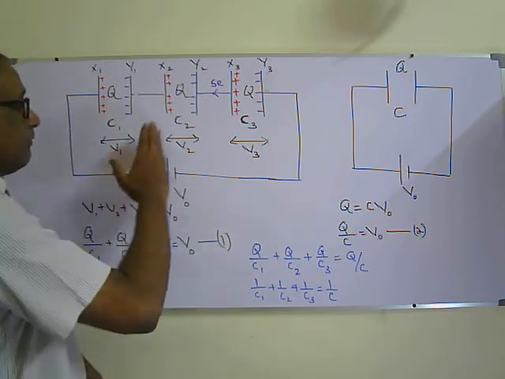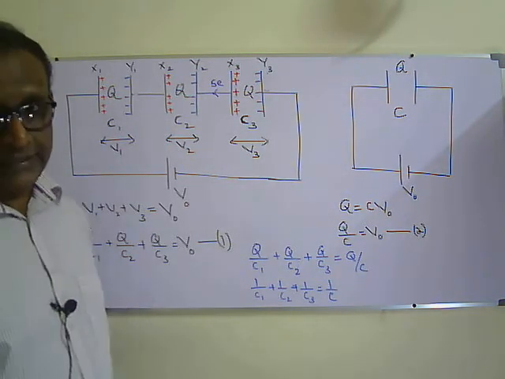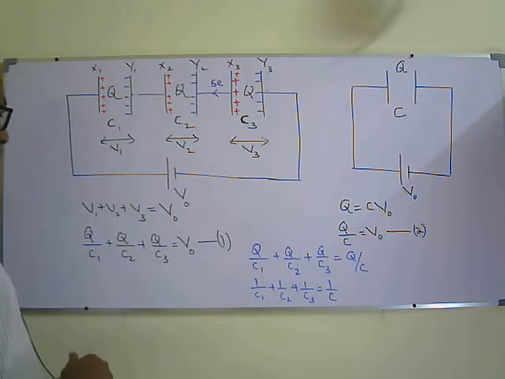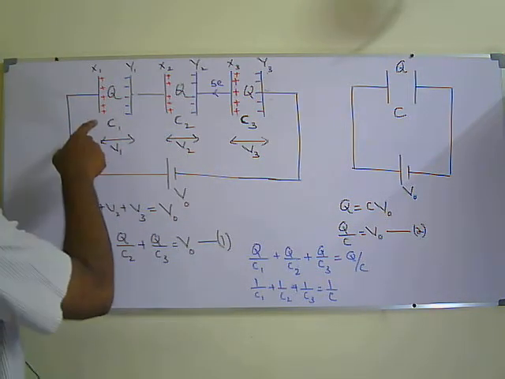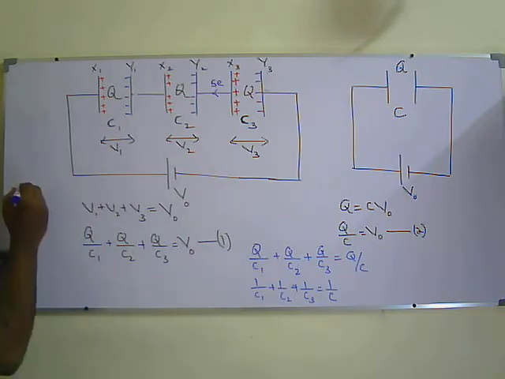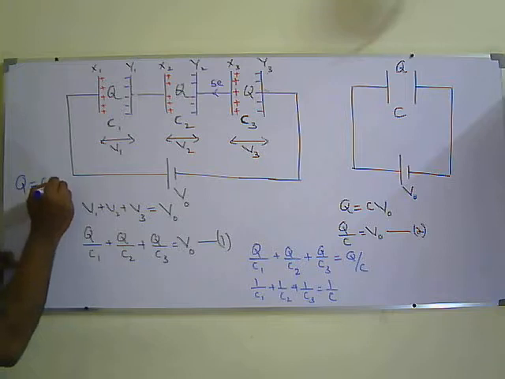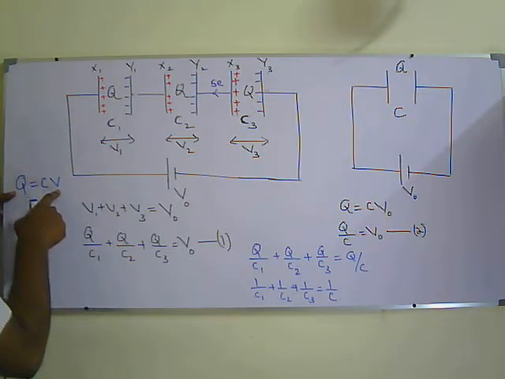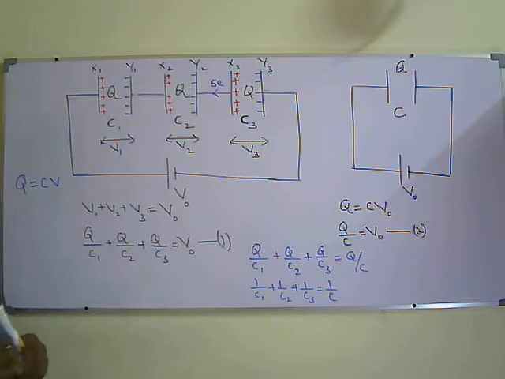Otherwise, they'll have different voltages. Since Q equals CV and all three carry the same charge, the capacitor with the larger capacitance will have the lowest voltage across it.